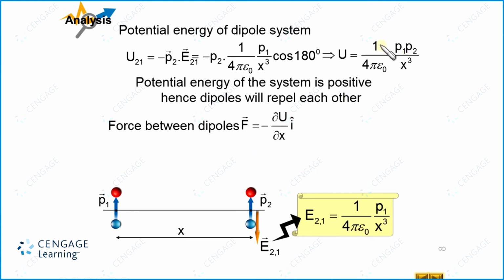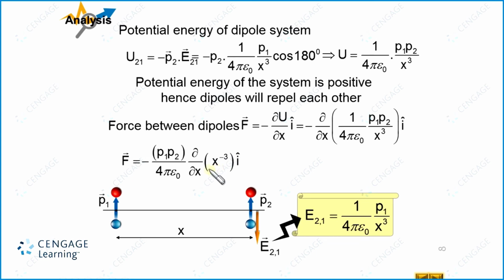Here we can observe 1 upon 4 pi epsilon naught and P1 P2 are constant terms, so we need the derivative of 1 upon x cube. Let us write the term 1 upon 4 pi epsilon naught P1 P2 outside the derivative. We need to find the derivative of x to the power minus 3, which equals minus 3 multiplied by x to the power minus 3 minus 1.